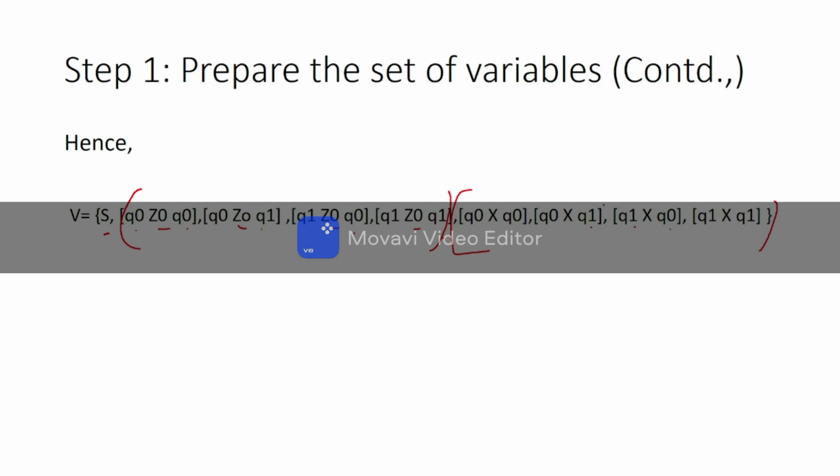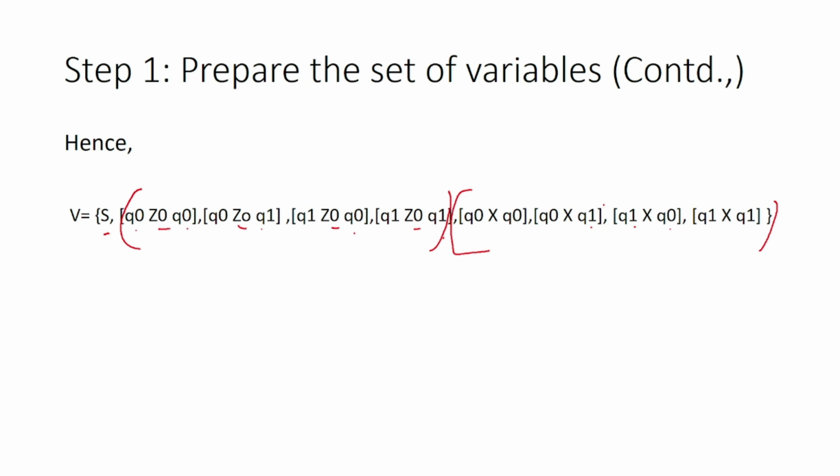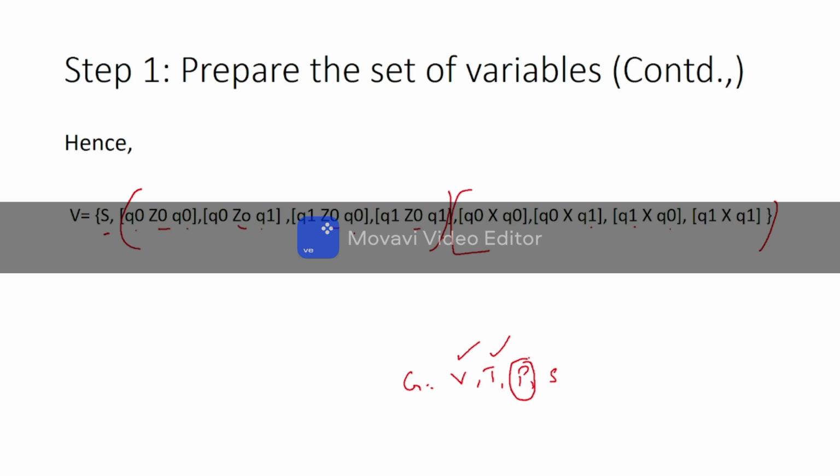So this is the set of variables. So G equal to V, T, P, the set of variables is framed here. Already we know the set of terminals. Now the most important thing is we have to frame the set of production rules.